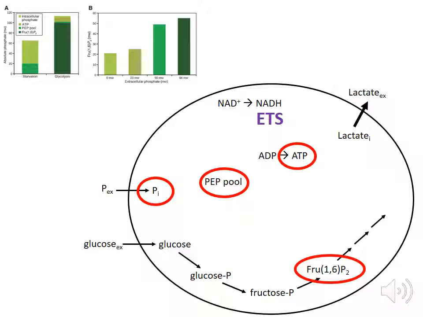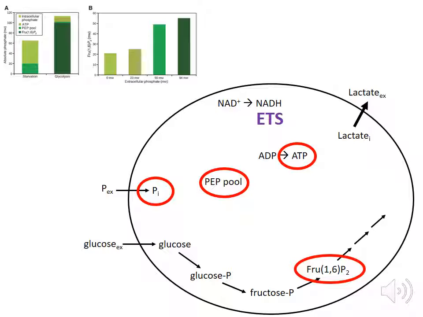They're also measuring phosphate that's in a pool form that's available to use, but is bound, so it's not freely floating like the intercellular phosphate. These two, the intercellular phosphate and your phosphate pool, are available to be used.